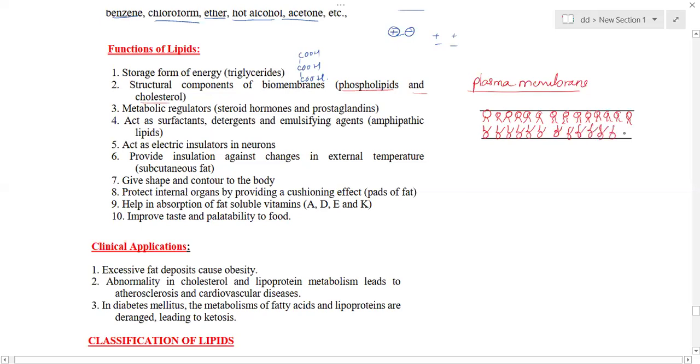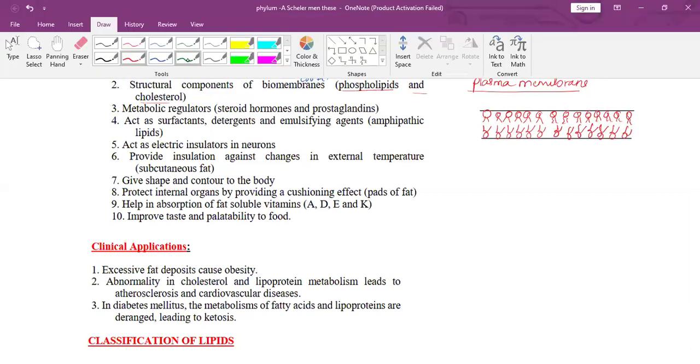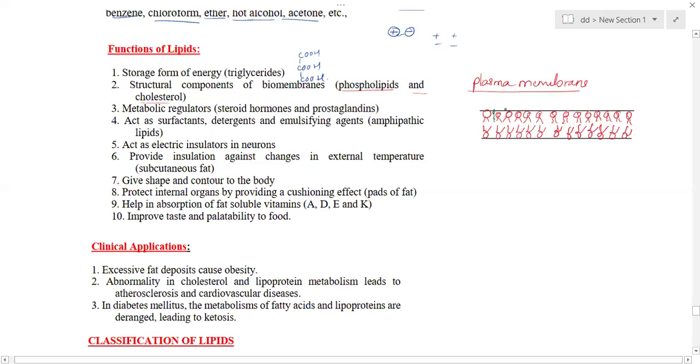In between these lipid layers, there is cholesterol. This is formed in all the cells, all the plant and animal cells.